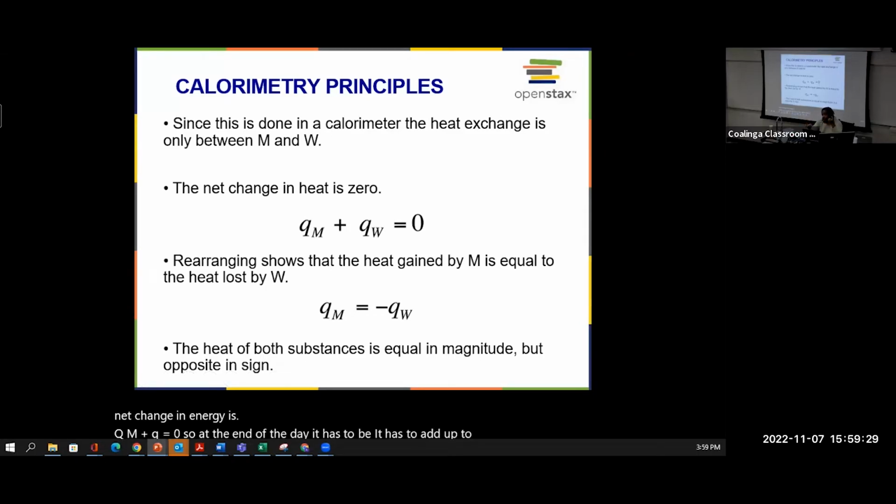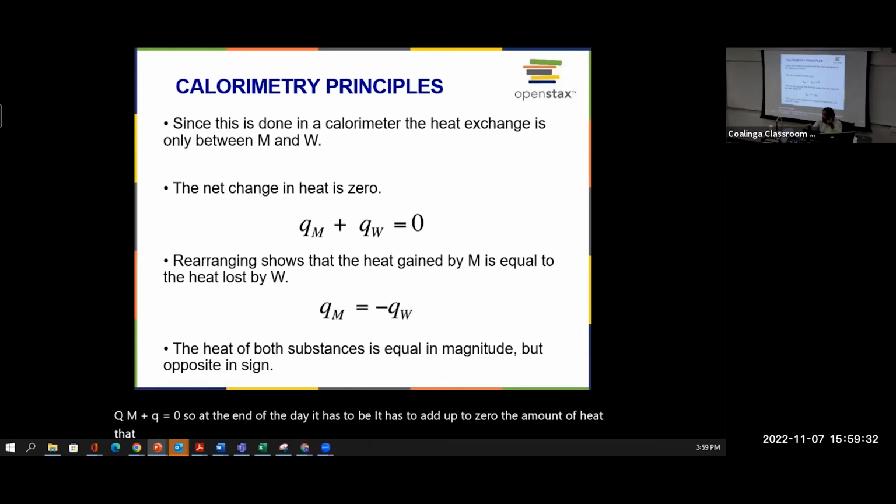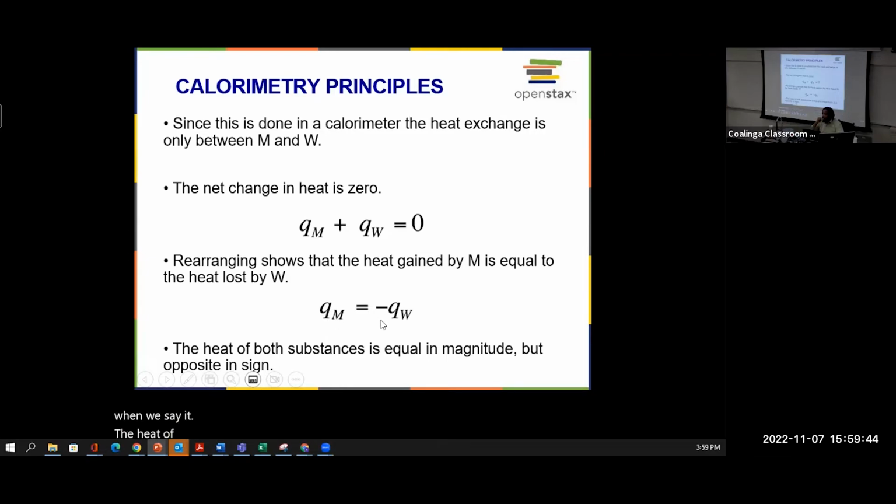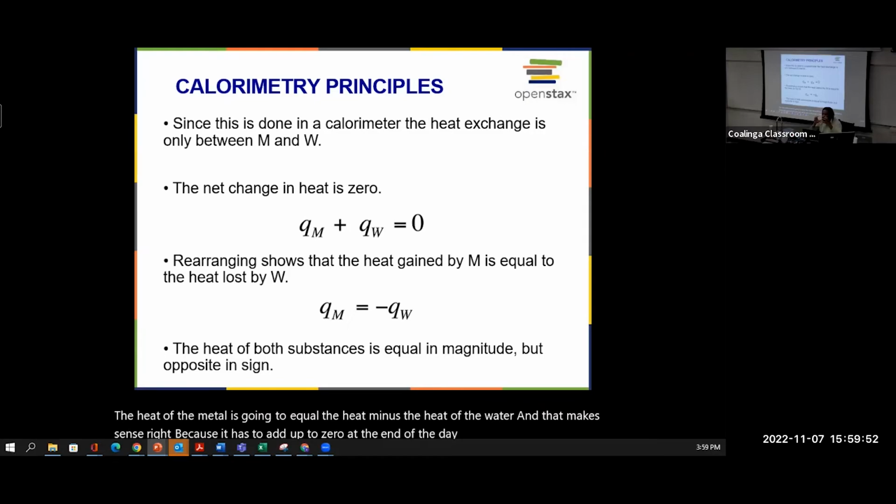The amount of heat that you're giving off from the metal has to equal the amount of heat that you're getting from the water. The only thing that's going to differ is the sign. So the heat of the metal is going to equal minus the heat of the water. And that makes sense, right? Because the change that occurs has to add up to 0.